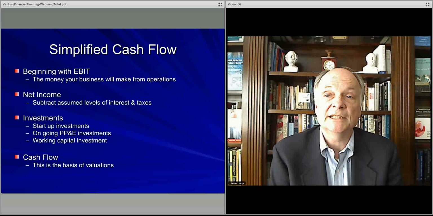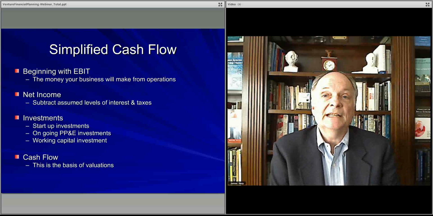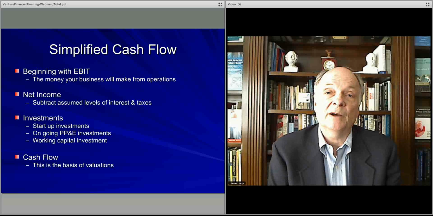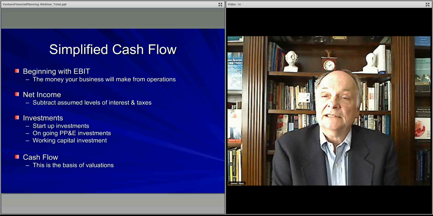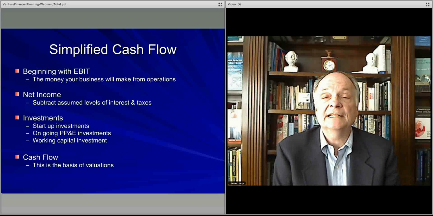That's your EBIT. From that, though, you have stakeholders that care about your money and want some of it: your bankers if you've borrowed money, your interest, and also the taxes you owe on the profits that you make from your business. After you take those out, you're down at your net income number.